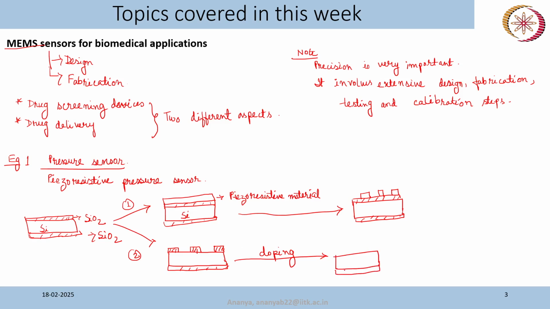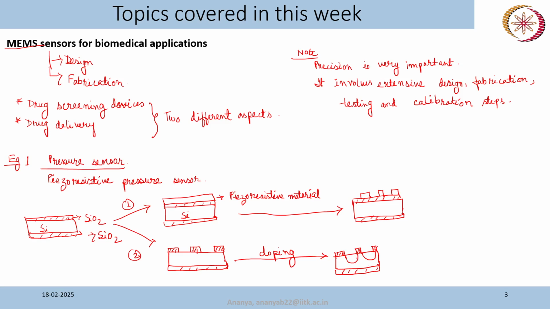This is the SiO2 layer, and this is the SiO2 window, the SiO2 pattern that you have made using lithography, and there will be a boron-doped region here. It can be another kind of doping also, but boron was discussed and it shows a very good piezoresistive effect. That is why I'm mentioning it here.